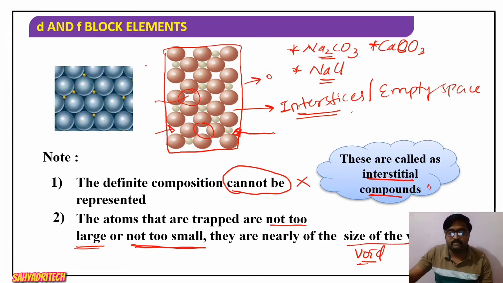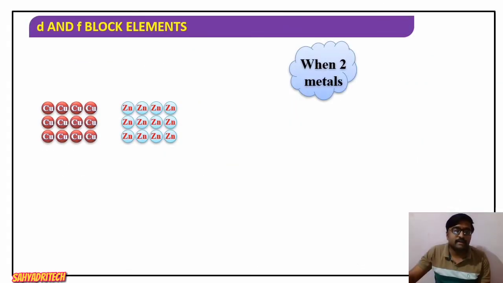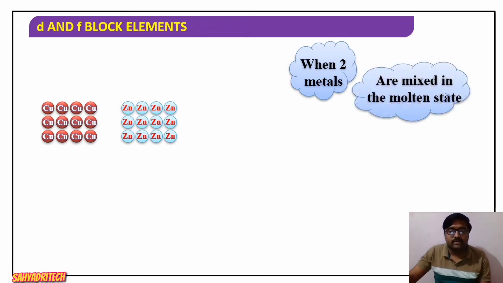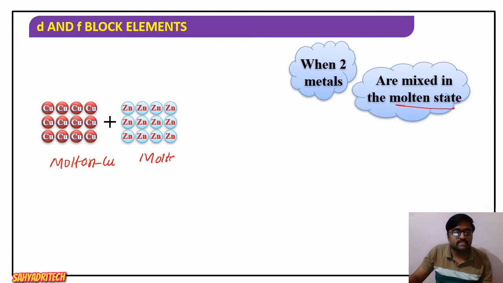Well, if I consider two metals, say copper and zinc, and these two metals are mixed in their molten state. In one vessel we take copper and heat it so that we get molten copper.